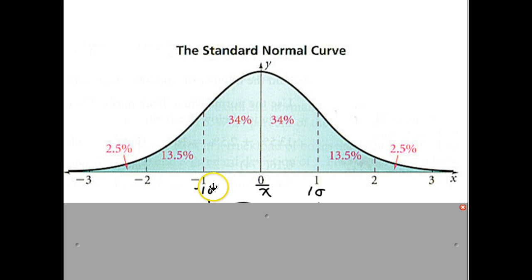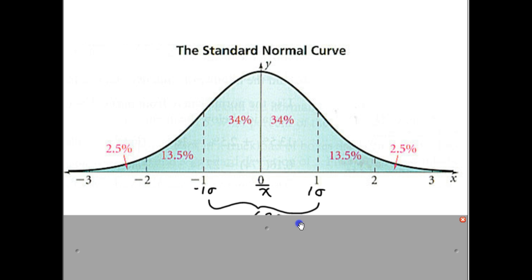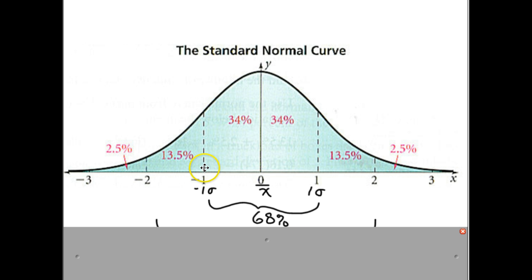Do you remember our study of standard deviations from our last lesson? 34% of the students fall between the mean and one standard deviation above the mean, and 34 below. Notice how everything's symmetric. So that means that 68% of the students are within one standard deviation.